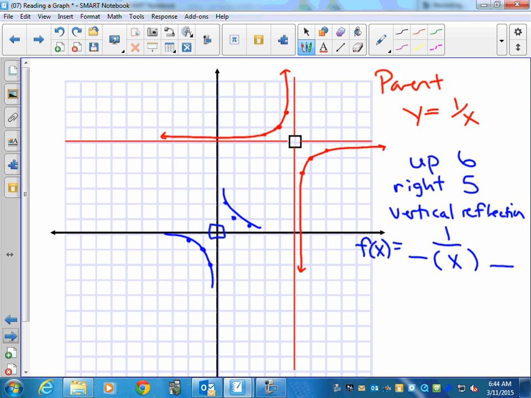We know up-downs are outside the parent function. We trust what we see, so we can put the plus 6 on there. We've got a right 5, which is an inside operation. We don't trust the inside, so it's a minus 5. And then we have a negative on the front for the vertical reflection.